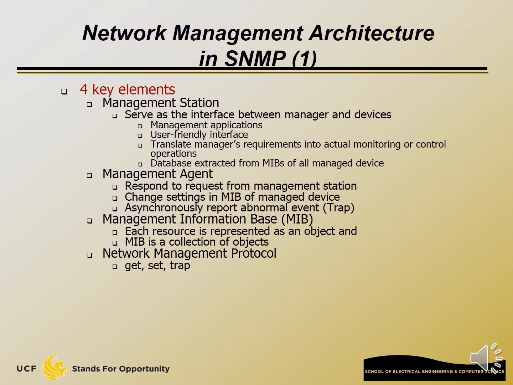The management agent responds to requests from the management station, changes settings in the MIB of the managed device, and asynchronously reports abnormal events. Each resource is represented as an object and the MIB is a collection of objects. The operations are get, set and trap.